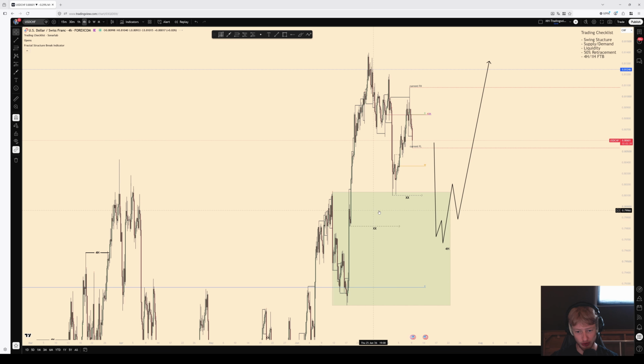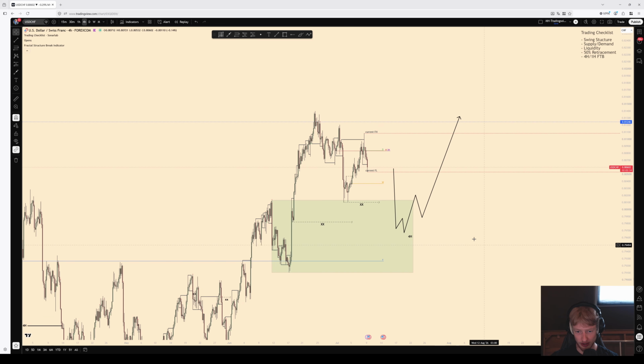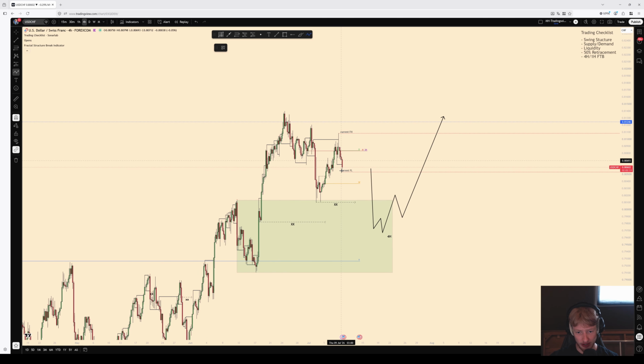If we go back to the 4-hour, then there are some very, very clear targets. So if we can get a push in towards here, then somewhere from around here, you can look for a short, place your stop loss above this strong high after taking out liquidity, and just trade this towards the downside. 1 to 2 is already hit. If you trade it towards here, maybe you can trade it towards here.